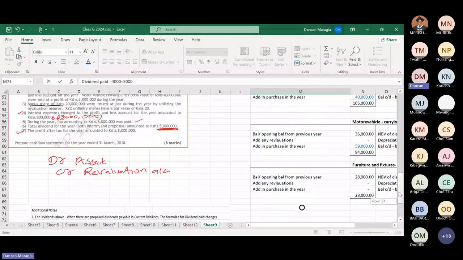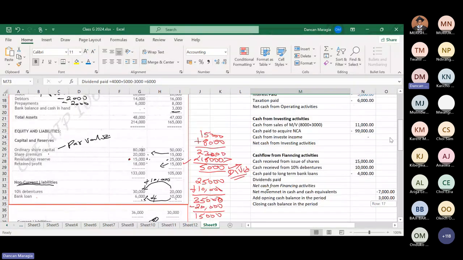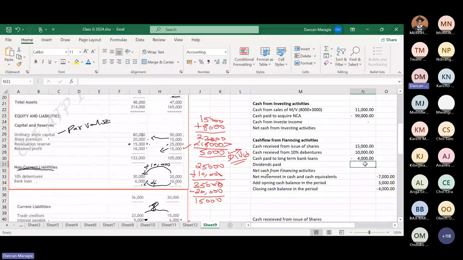But at the end of the year, we still have 3 million we have not paid. So how much did we pay in the year? We paid 6 million. So that comes here, dividends paid 6 million.